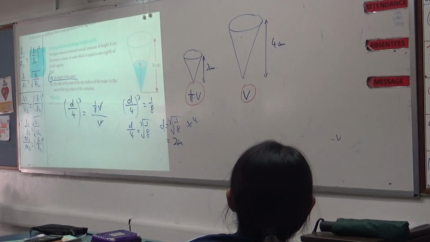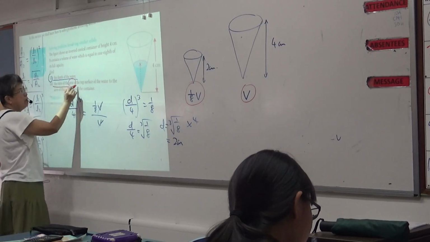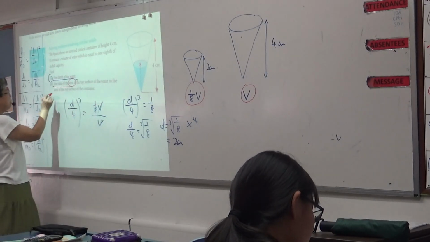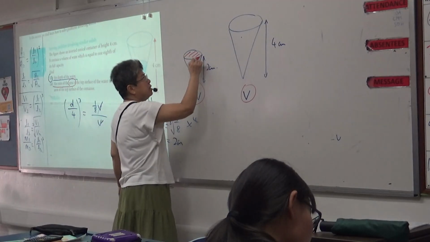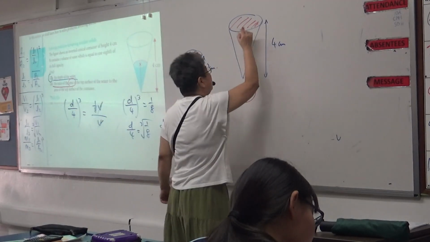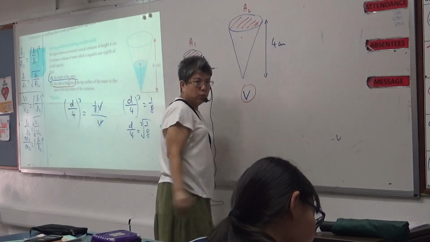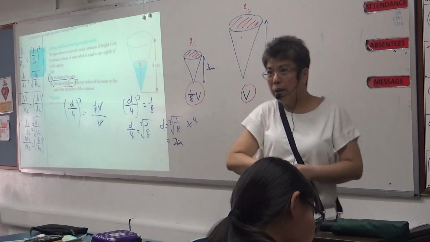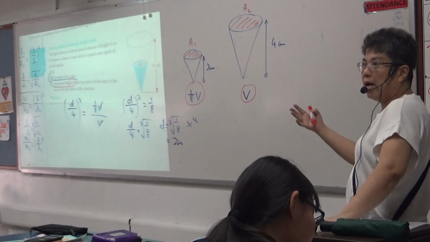Okay, now we go on to part 2. Everybody look at me please. What is the ratio of the area of the top surface of the water to the area of the top surface of the container? That means I want to find this area to this area. This is area 1. Let's call this area 2. Must I go and find the radius and then put pi r squared?